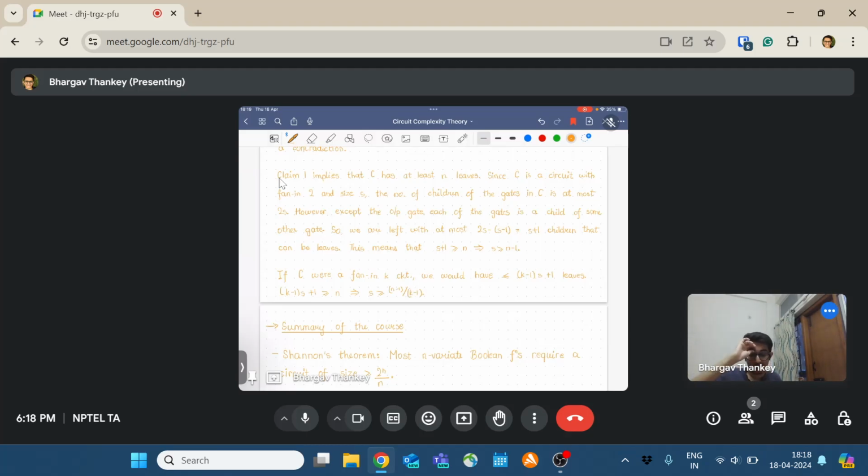So this is the generalization, and if you put k equals 2, you recover this. So is this fine? Or give me a sec.